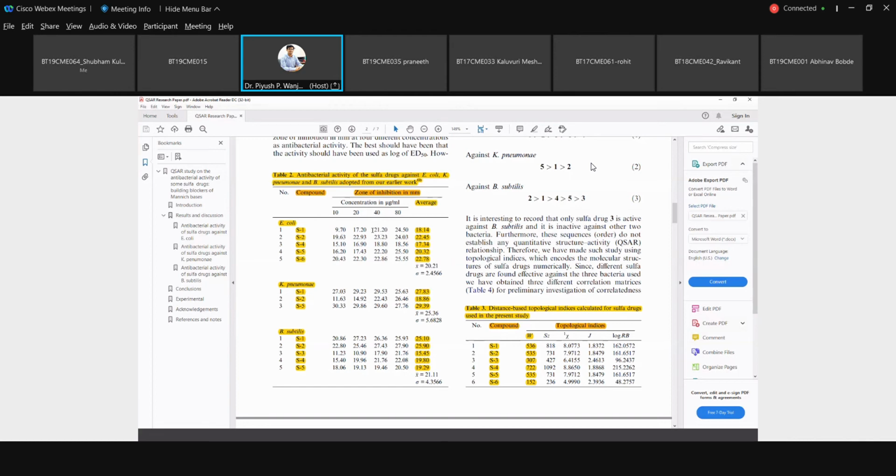So you can see that for different concentrations you are getting different values of biological or antibacterial activity.